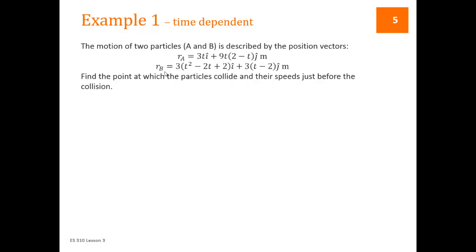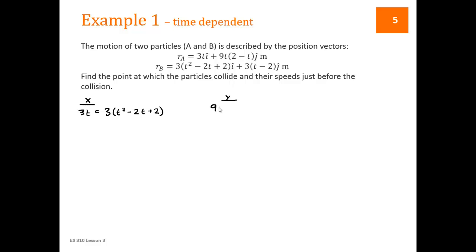Alright, so if we look at the x direction first, that's the i hat part of each one. We've got 3t for particle A is going to equal 3 times t squared minus 2t plus 2 for particle B. So then we also have the y direction, right? So looking at the y's, that's the j hat parts.